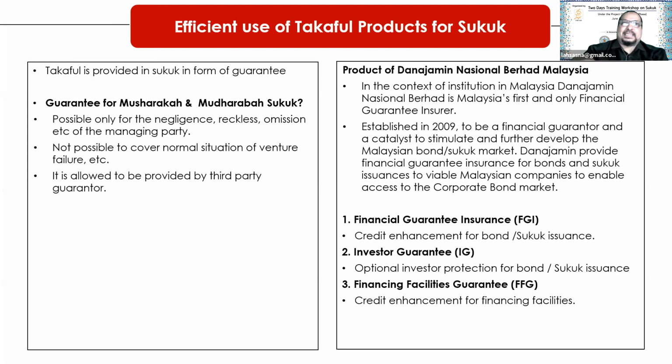But Dana Jami is a government agency specialized in the Islamic capital markets, providing guarantees for sukuk and bonds. So it is more specialized, and they know their business better compared to other providers in the market that provide guarantees for the SMEs.